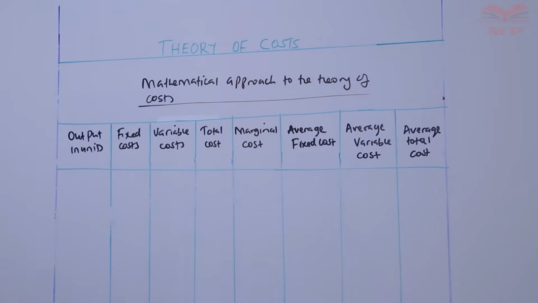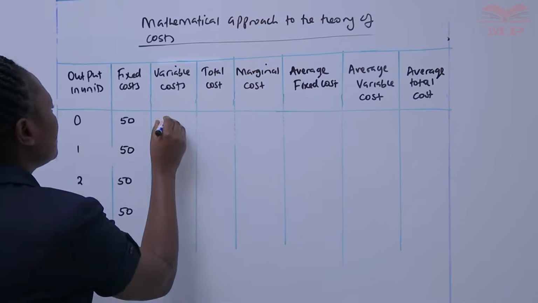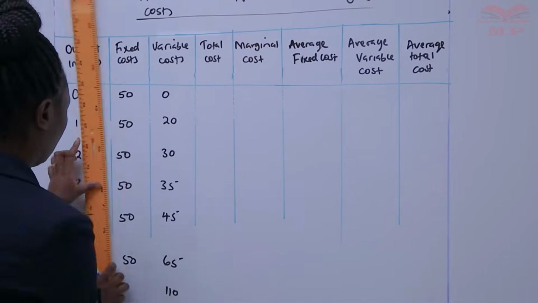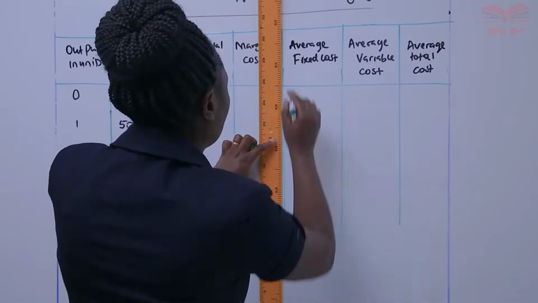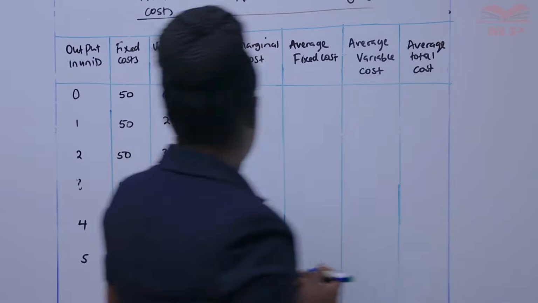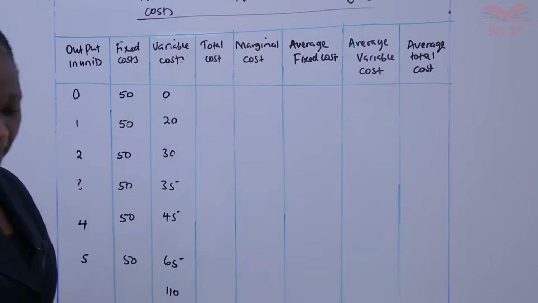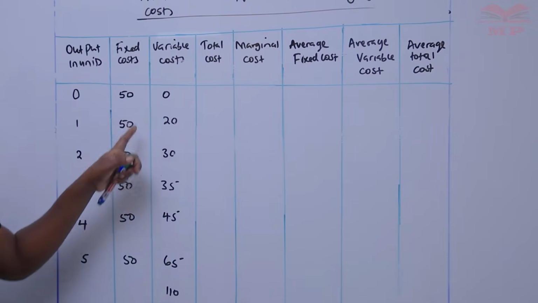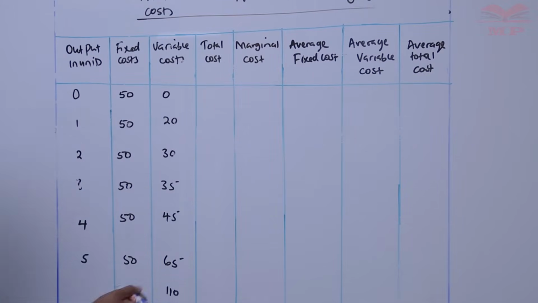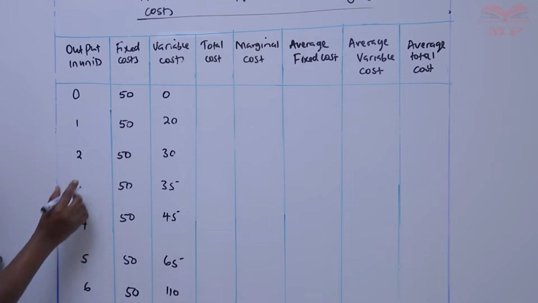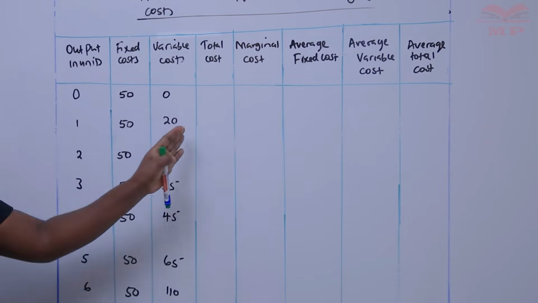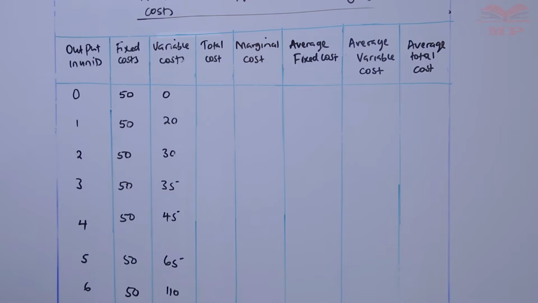So in this case, you've already been given the output. We said that fixed costs will remain constant all through, so fixed costs are not changing. Output is increasing by 1 unit, and these are the variable costs that we've been given.